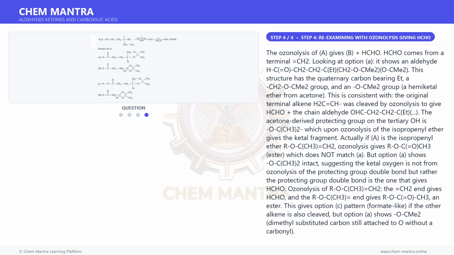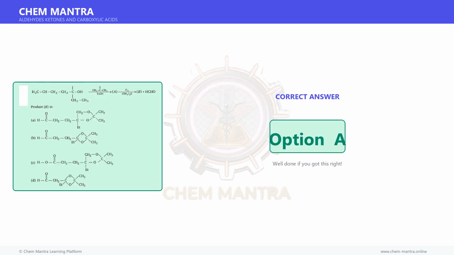D has only one CH2 between the aldehyde and the dioxolane carbon, but the starting material has two CH2 groups between the terminal alkene and the quaternary carbon, so after ozonolysis there should be two CH2 groups, matching A, not D. Therefore, the correct answer is option A.